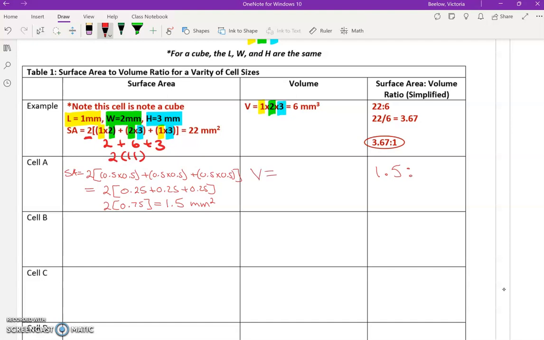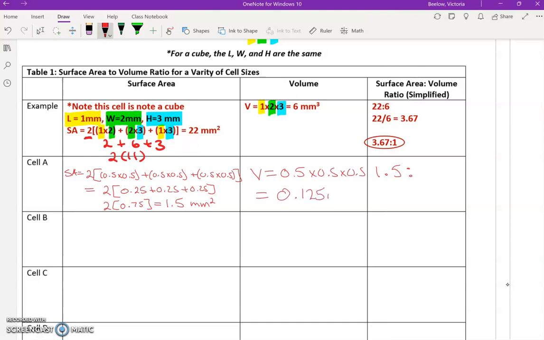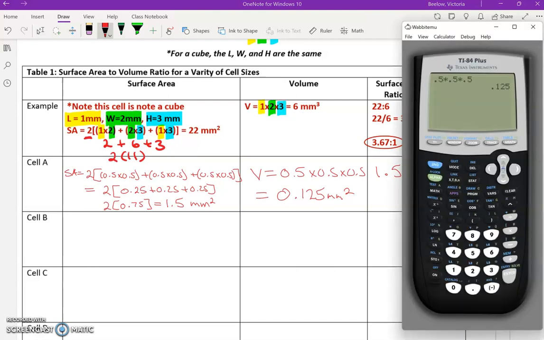And then for the volume, we would do 0.5 times 0.5 times 0.5. So 0.5 times 0.5 times 0.5 is going to give us 0.125. Again, for these cells, because they are cubes, the length, width, and height are all the same. In the future, that won't always be the case.